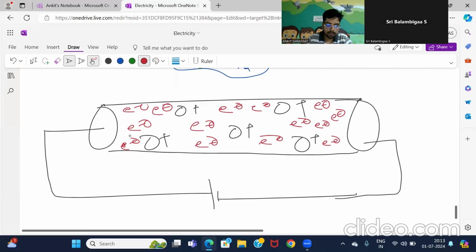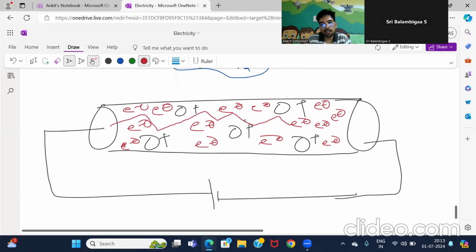Yes, sir. Is it clear to you? Yes, sir, it's clear. Now this electron, for example, is going; all the electrons are not moving straight. They are colliding, and finally it is going like this. Then it is going like this. Understood?